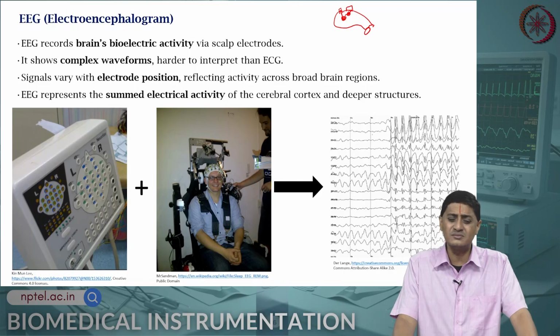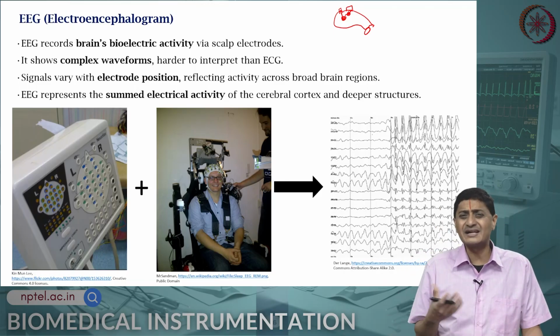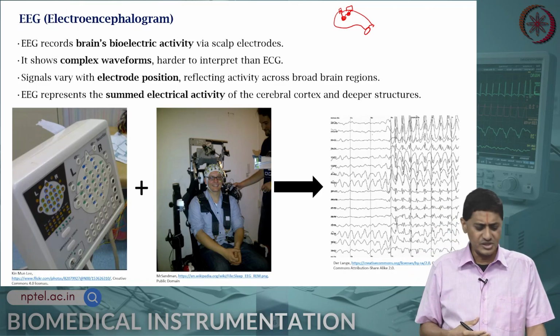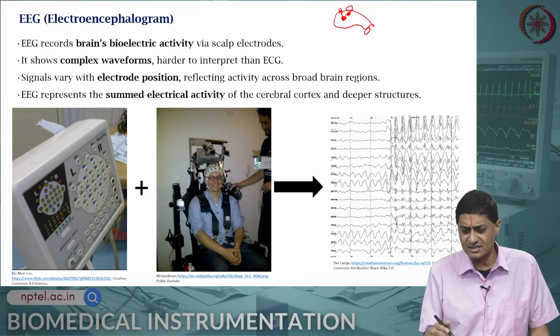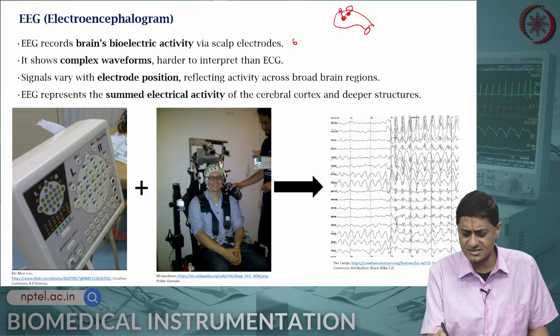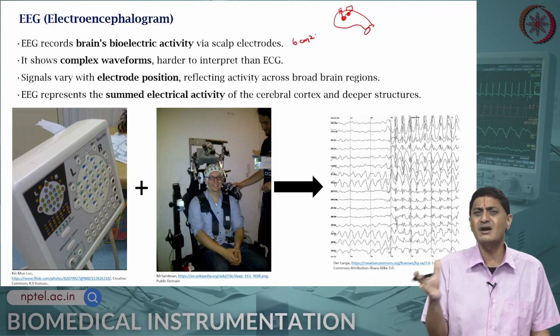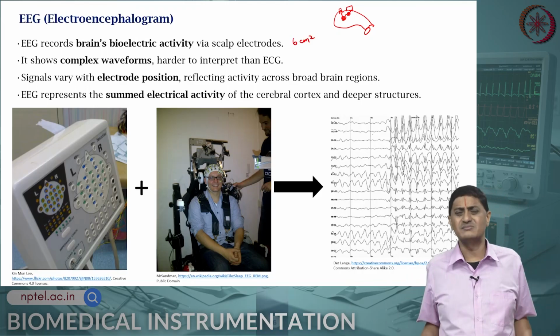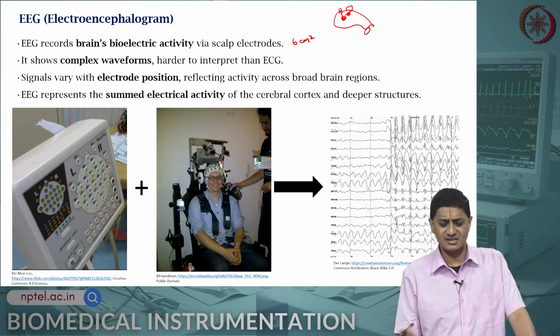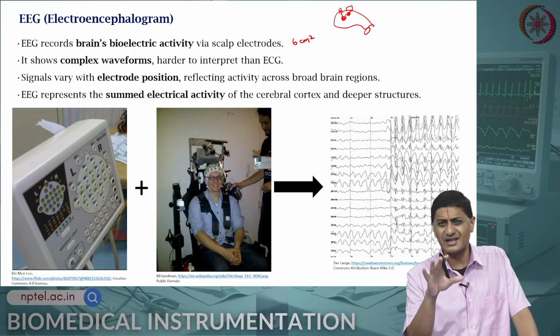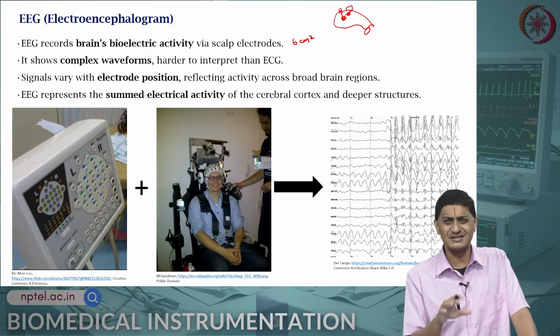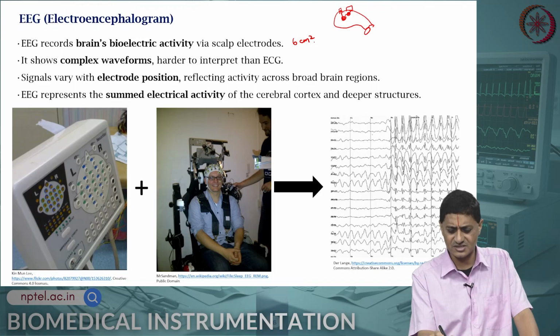So, for you to be able to detect activity at the scalp, you need to have activity that is happening in about 6 centimeter squared area of the brain. That essentially represents, in neuronal terms, approximately 10 to 100 million neurons, depending on the average size of neurons, although that is not the perfect way to study this.